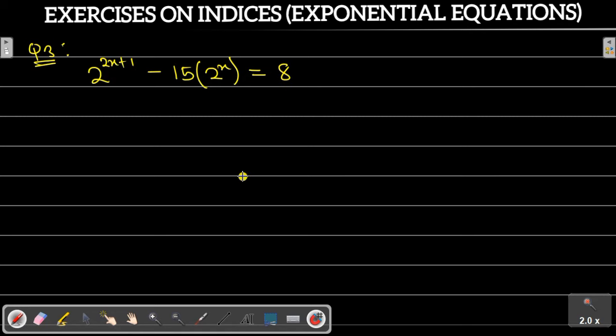Exercise 3 is not different from what we have just done in exercise 2, so I'm going to leave this as an exercise for you. All you need to do is take this 8 to the other side so that everything is equated to 0. Then you do the same simplification that we did in number 2 to substitute and then solve quadratically. That's all. We go over to 4.